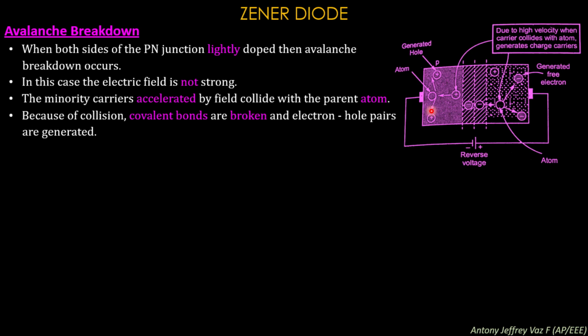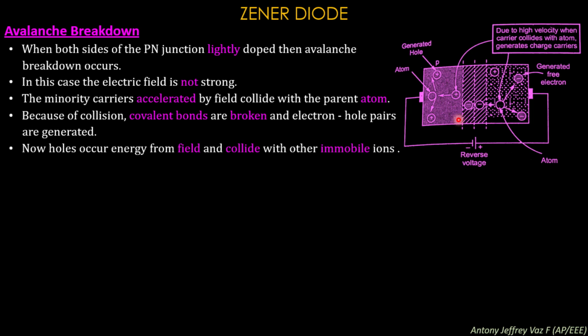The electric field attracting the electrons breaks the covalent bonds present in the depletion region. Once the covalent bond is broken, the atom emits its own electron and hole pairs, which are generated in the depletion region.